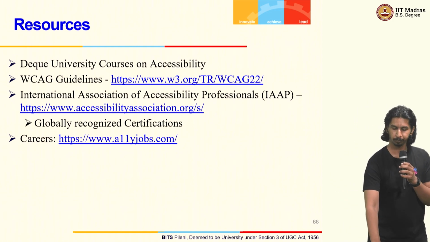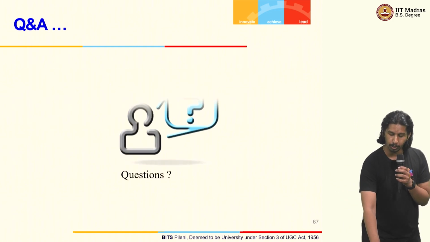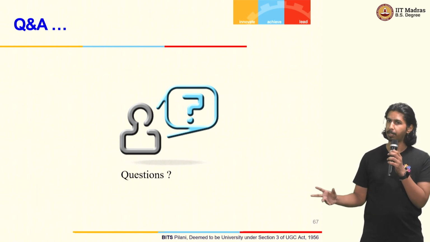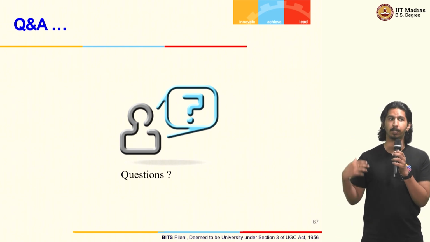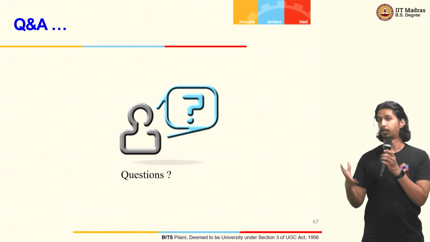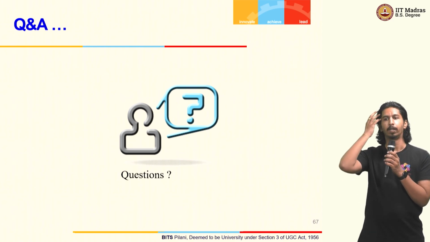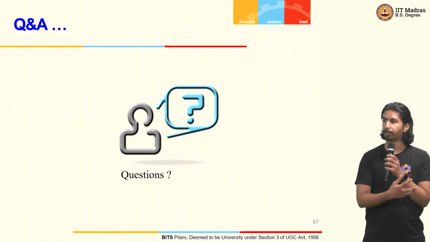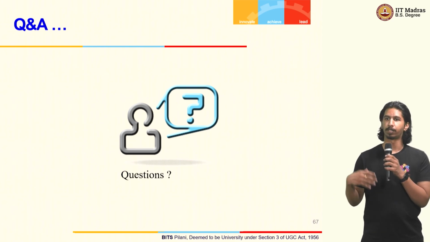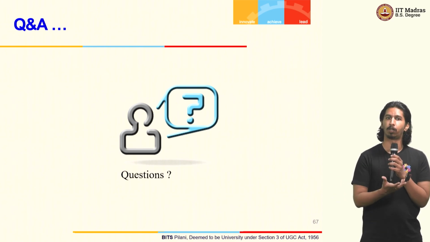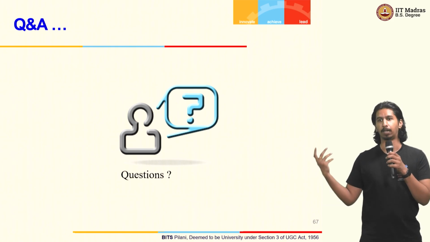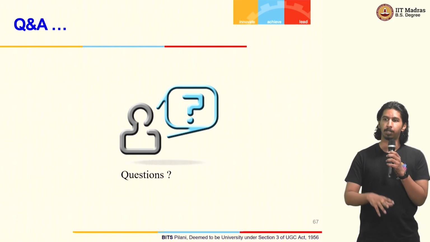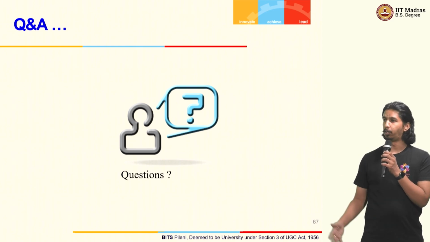So just to recap what we did, we started the whole discussion with disability statistics. It is a major contribution, 20% and so on. And then the various types of disabilities, the umbrella, disability etiquette and so on. And then we touched upon what is assistive technology. Any technology that helps us in our day-to-day life to make our life better is an assistive tech. And then we looked at a lot of examples, some features of Android, Windows and so on.